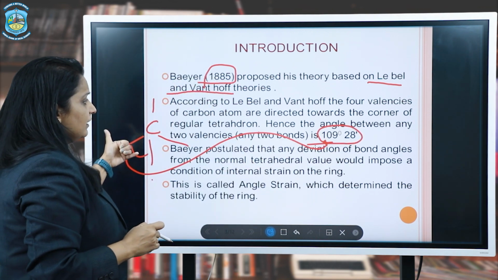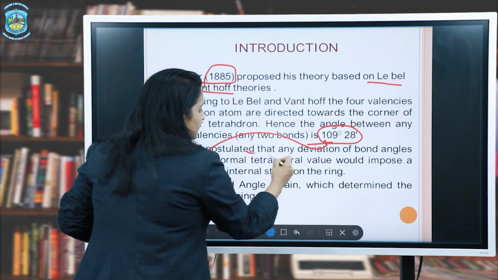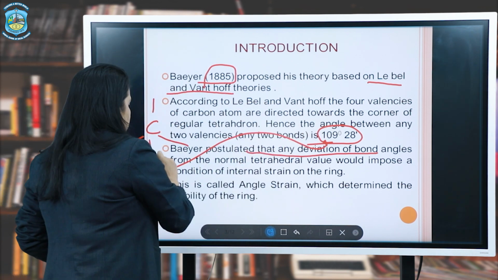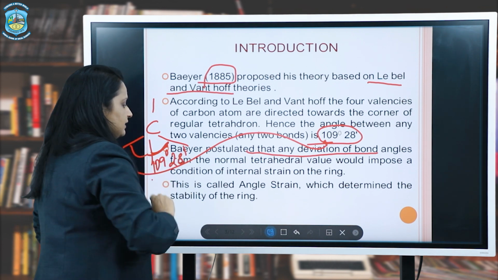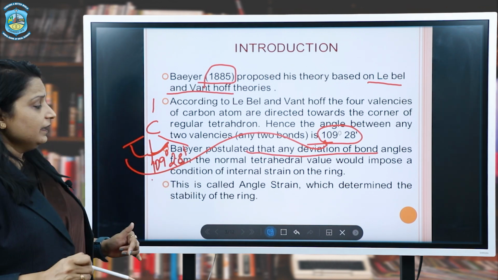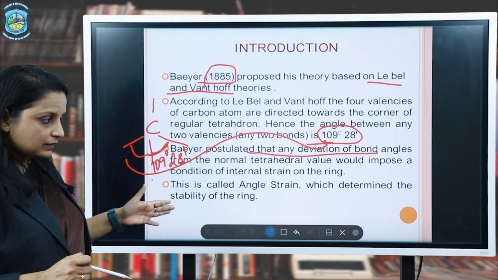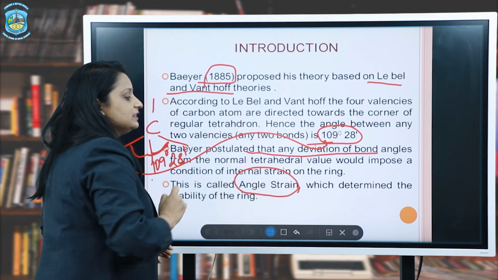Now, Baeyer on this basis postulated that any deviation of bond angle from this normal tetrahedral angle of 109 degree 28 minutes will impose a condition of internal strain, and this strain was defined as angle strain.